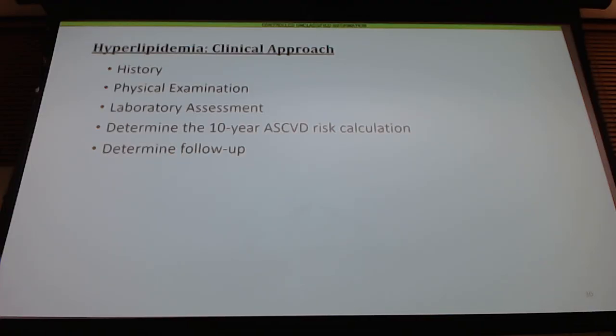Look for those reasons. Then you have to determine, do they in fact have elevated cholesterol? So you got to get labs to look for that, right? And then once you get those lab values, let's then actually assess what our 10-year ASCVD risk is. So that can help us determine what's the treatment and what's the follow-up for those patients.